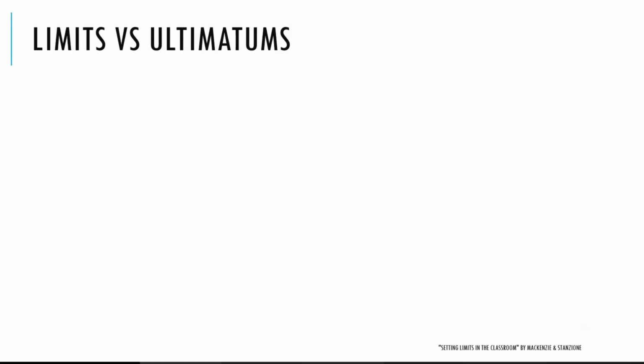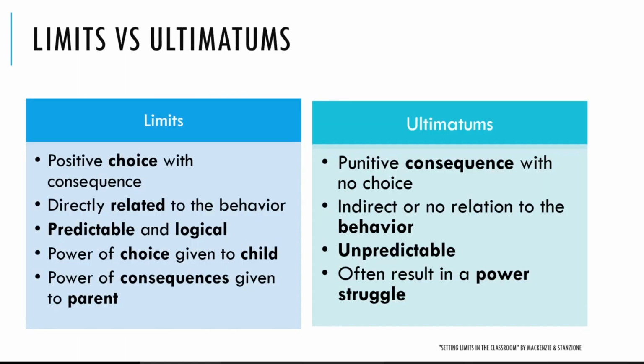So, talking about those limits versus ultimatums. The first thing I can say about this is do not negotiate the consequence while you are setting limits. Do not negotiate the consequence that has been put in place while you are setting limits.